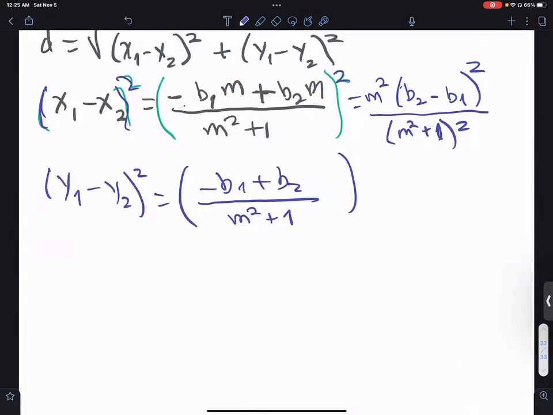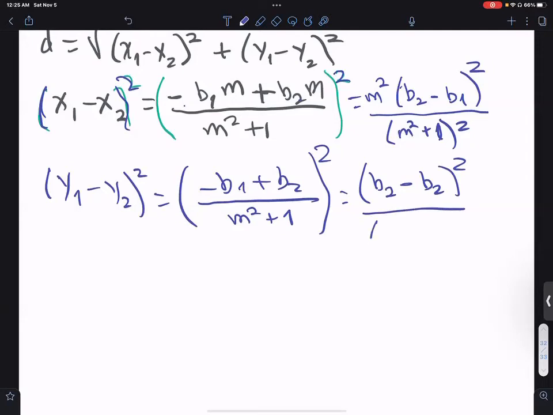Everything is squared here. And the y1 minus y2 will be squared. It's going to be b2 minus b1 to the second power divided by m squared plus 1 to the second power.